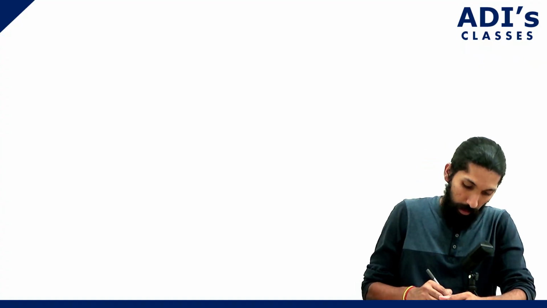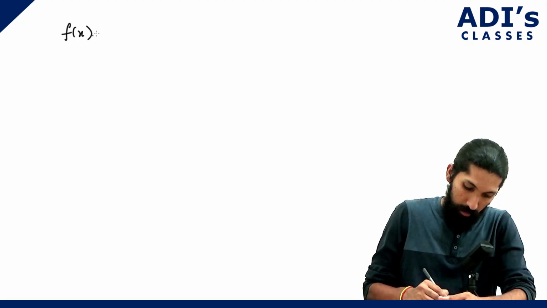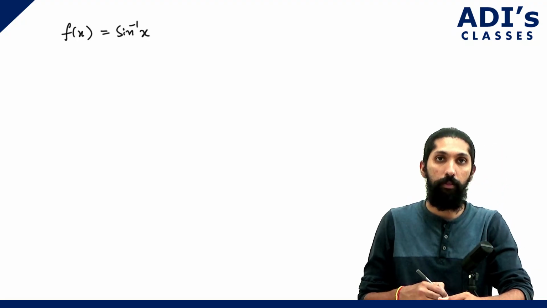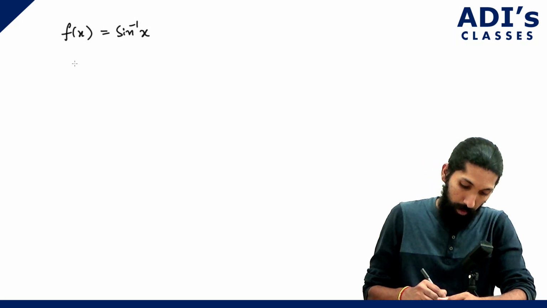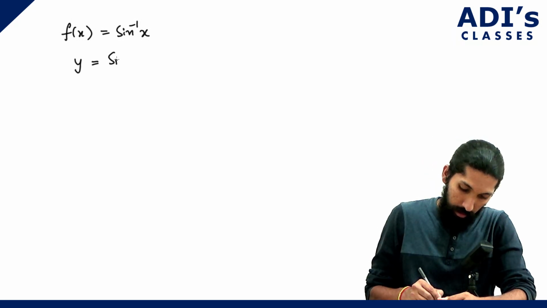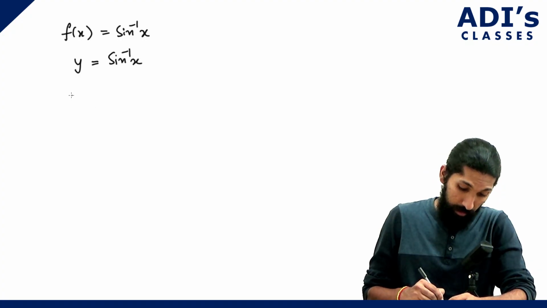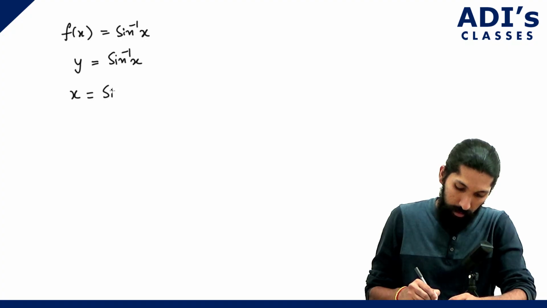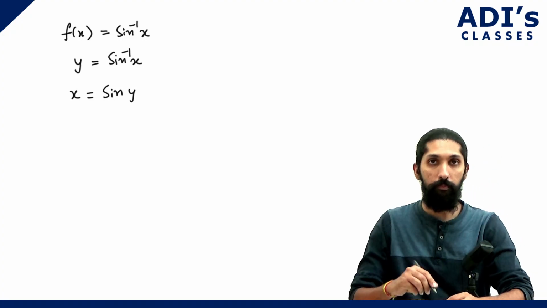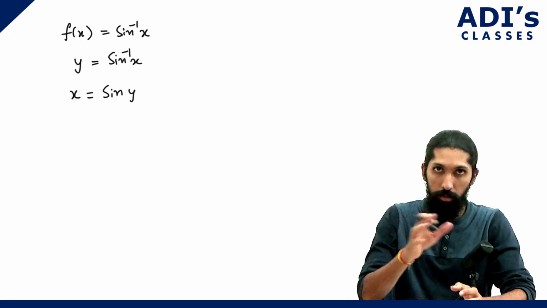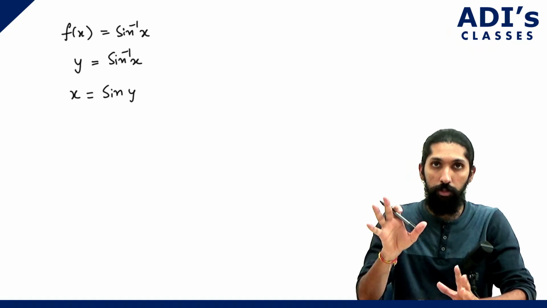Let's assume that f of x is equal to sine inverse of x. That means we have y is equal to sine inverse of x. Or can we directly say that x is equal to sine y, right? This is the normal inverse trigonometric function operation, okay?